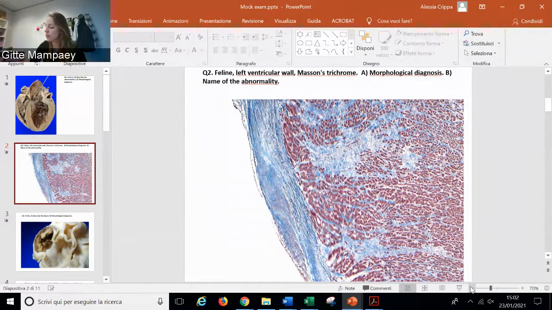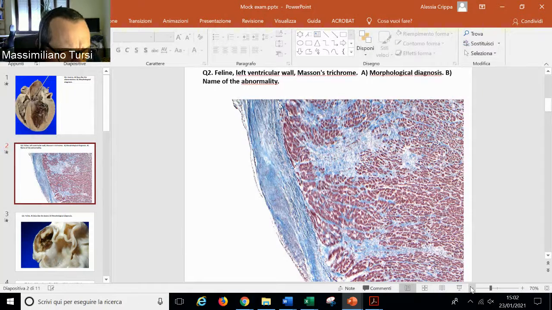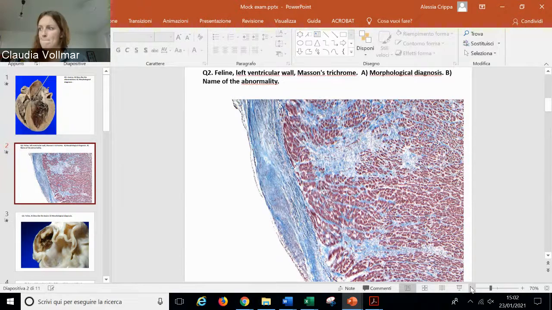Yes, I also know, endomyocardial fibrosis. So did you recognize the endocardial and myocardial fibrosis? Yes. Good. Everything is clear. Good. Claudia, what about you? Yeah, this one was clear to me. Perfect. Thank you.